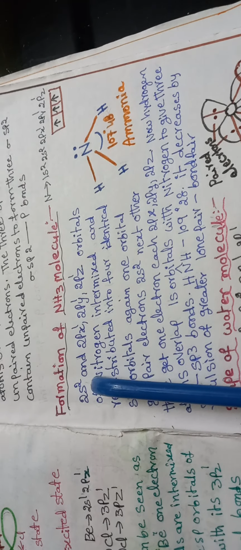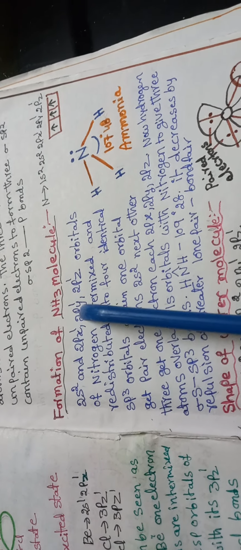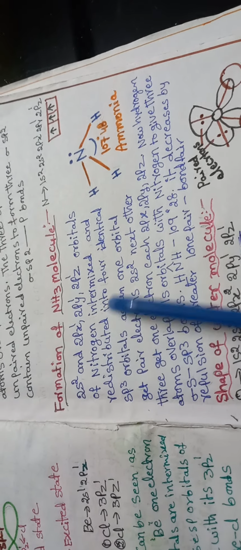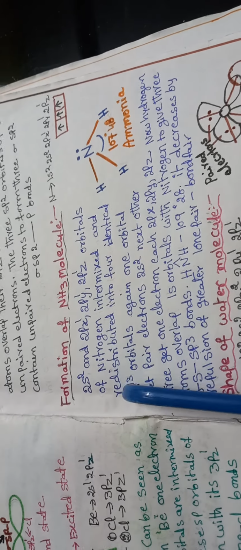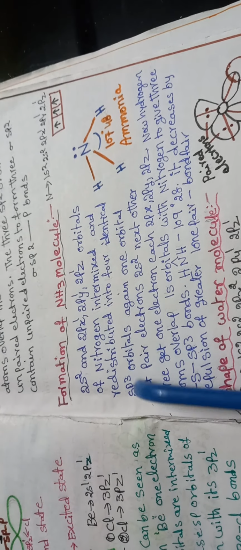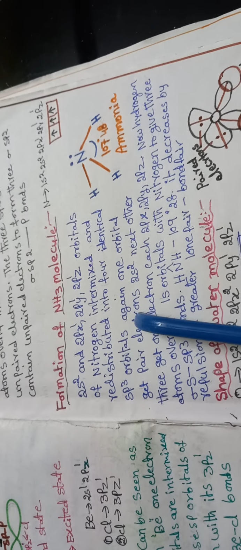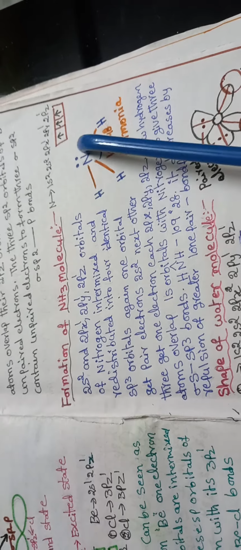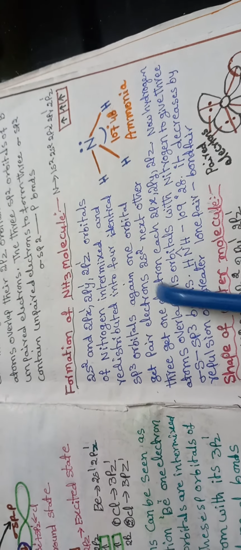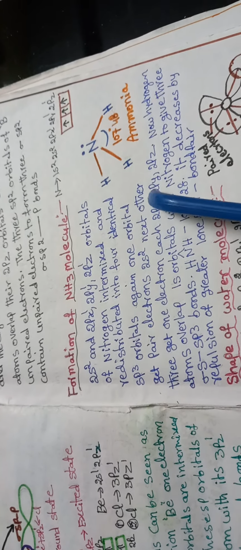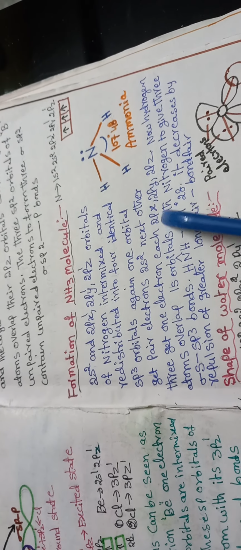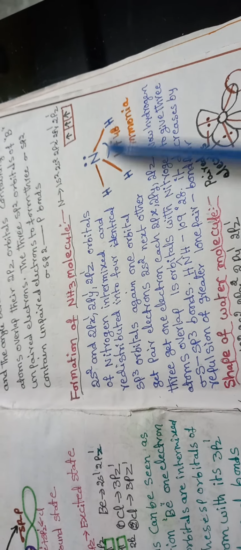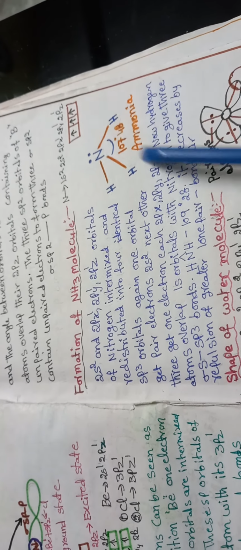The 2s2 and 2px1, 2py1, 2pz1 orbitals of nitrogen intermix and redistribute into 4 identical sp3 orbitals. One orbital gets the paired electrons, 2s2. The other 3 get 1 electron each, 2px, 2py, 2pz, like this.